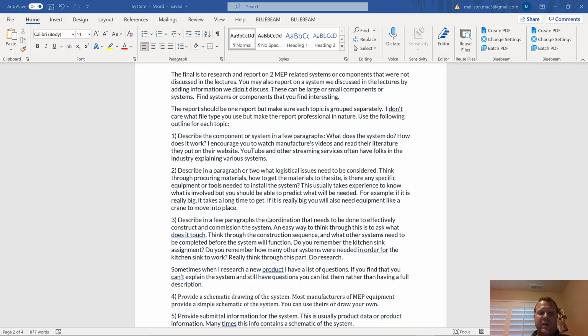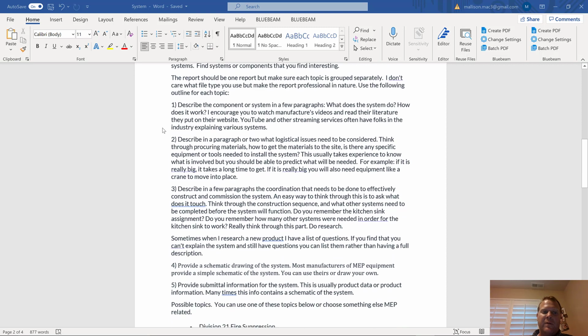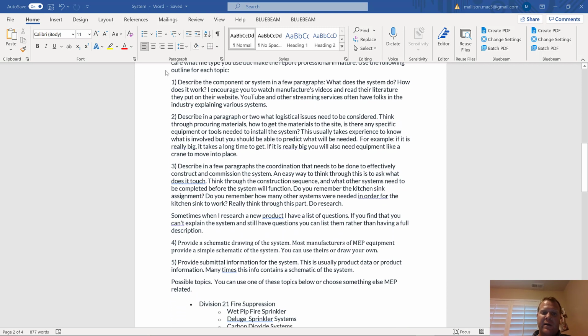Okay, so I don't care what the file format is, but I would describe the final to look something like this. You're going to have some written part, with both systems being reported on, a page and a half, with the type of spacing you're seeing on my screen right now.